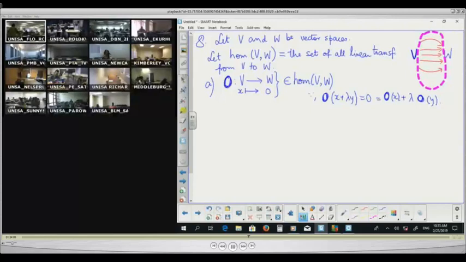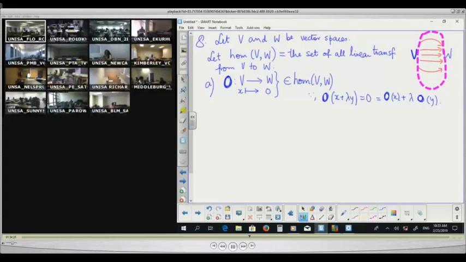I don't know what you meant by set between V and W. That's why I stopped you there. It's a set of all linear transformations from V to W. That means it's a set of all functions from V to W each of which must be a linear transformation.